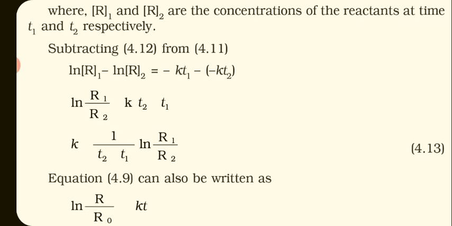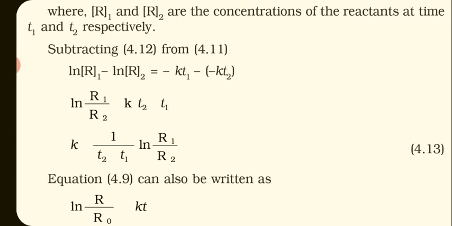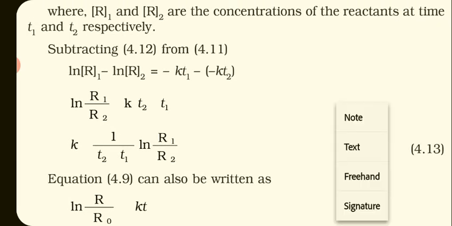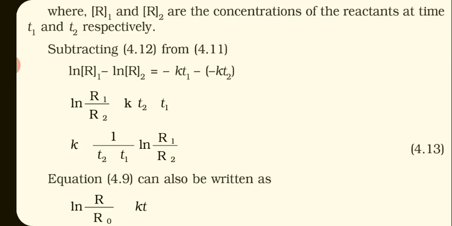Subtracting 4.12 from 4.11, natural log R1 minus natural log R2 is equal to minus kt1 minus in bracket minus kt2.